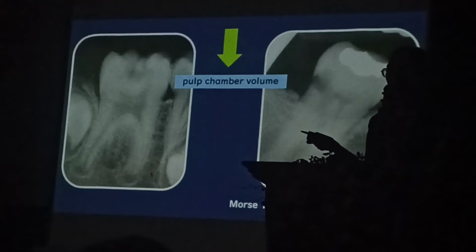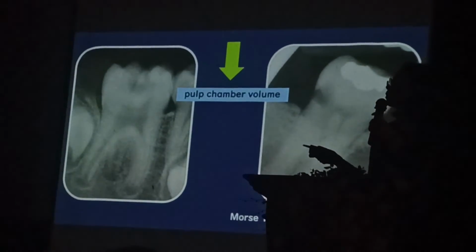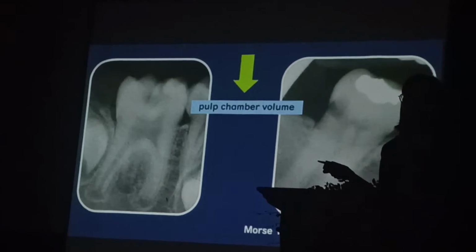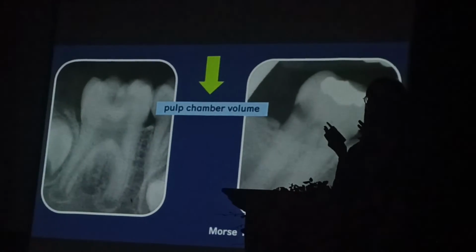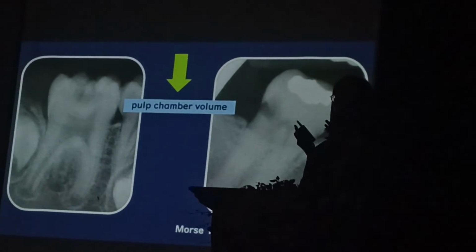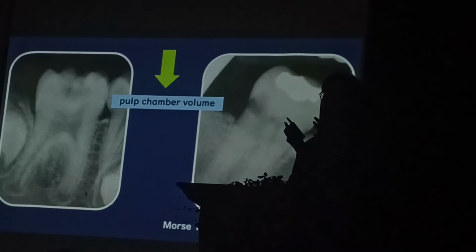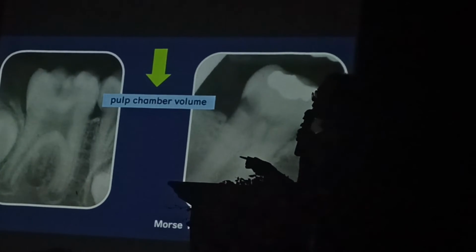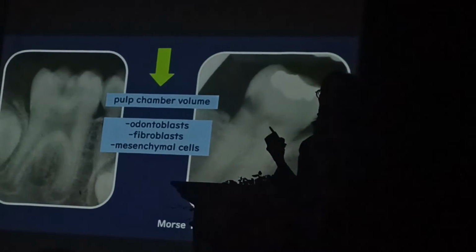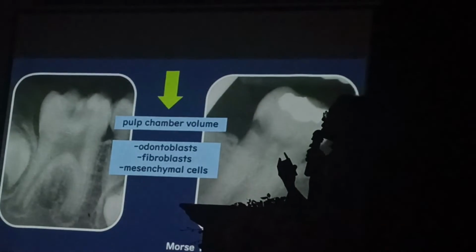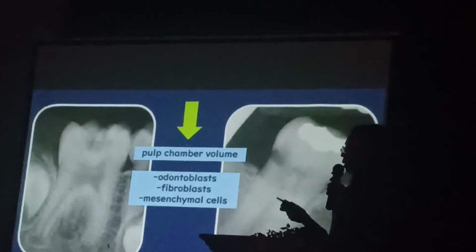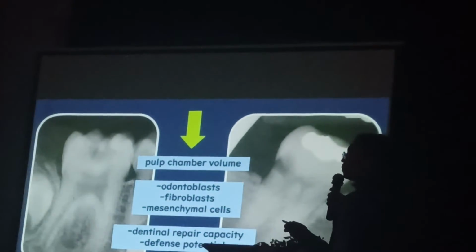For the old teeth, there's some decrease in channel volume. Of course, the dentin has produced more. The dentin is thicker, right? The pulp channel volume is smaller, and that leads to less cells as well, either blood, fibroblasts, or mesenchymal cells.